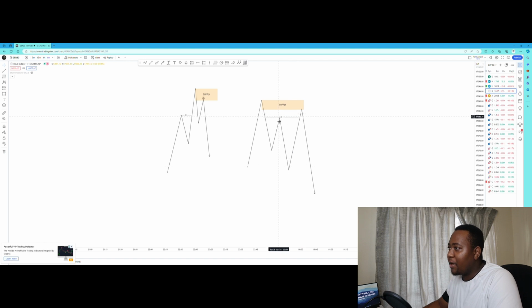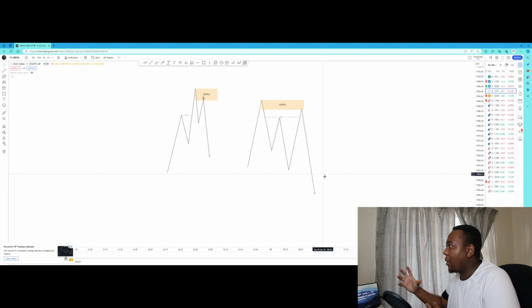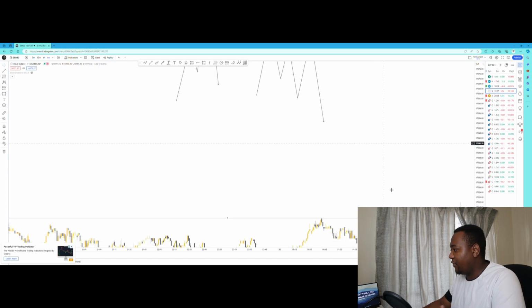But that early movement is just an inducement where traders are holding sells and it kicks them out, creates that liquidity, and then it drops further to the lower lows. So these are the type of examples that I want to show you, and hopefully you can pick it up in your trading and refine it even further than what I've done over here.